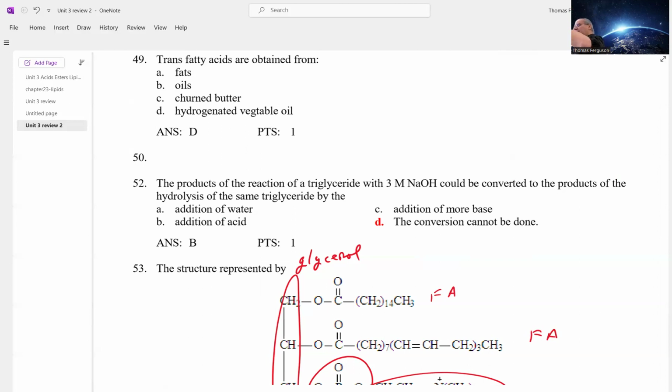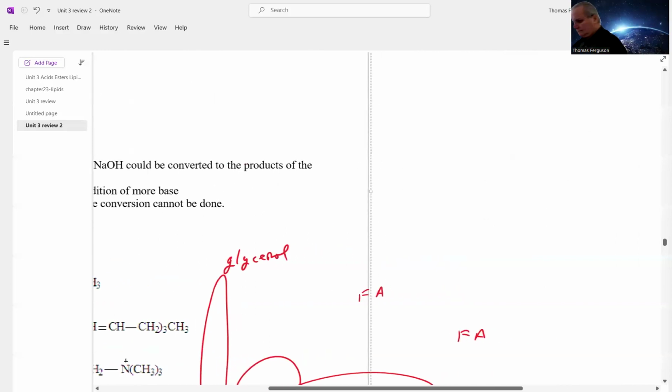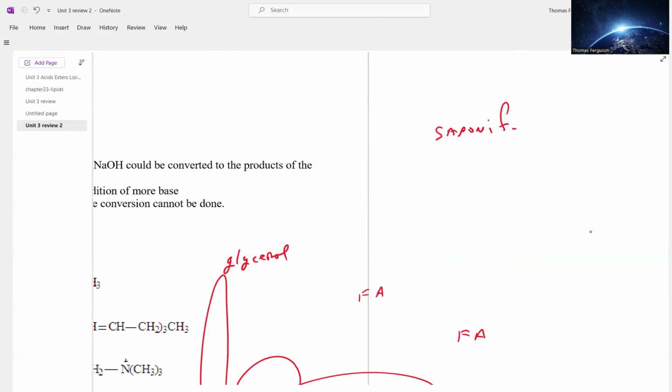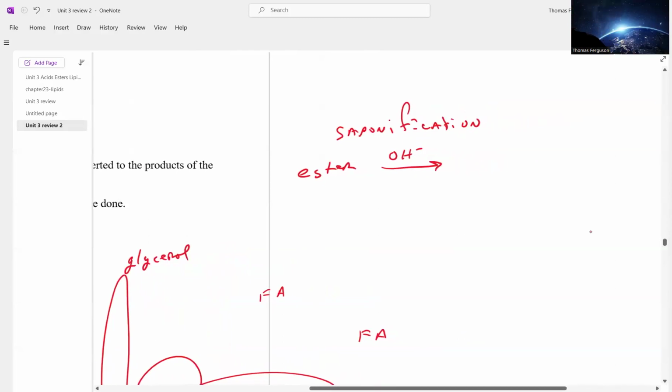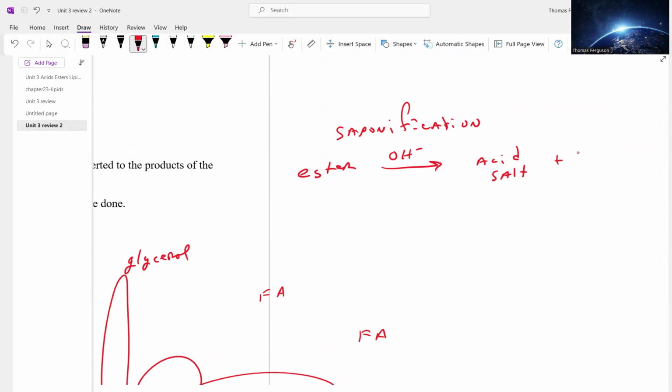Number two, it has to be in an alkaline environment, pH greater than 7. So it's going to be plus water.